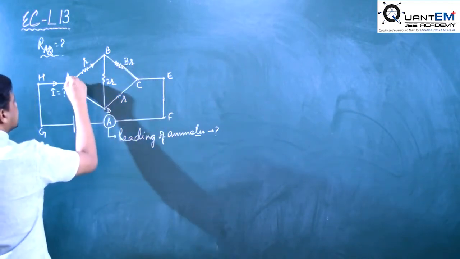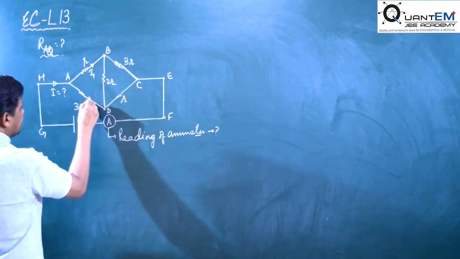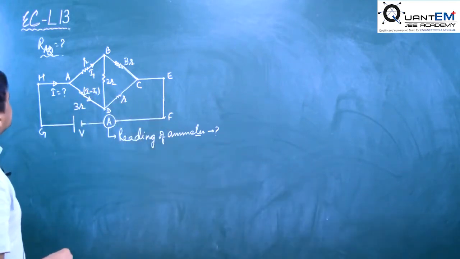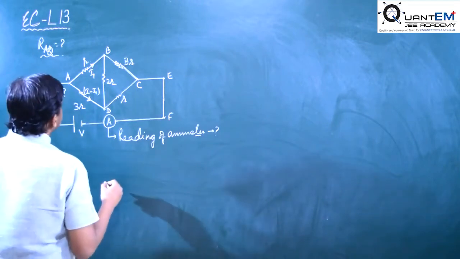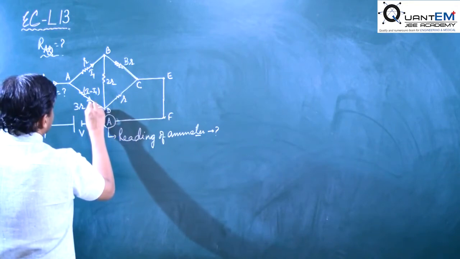Out of current I, suppose I1 comes here, then the remaining current will be coming here. This current we have I minus I1.